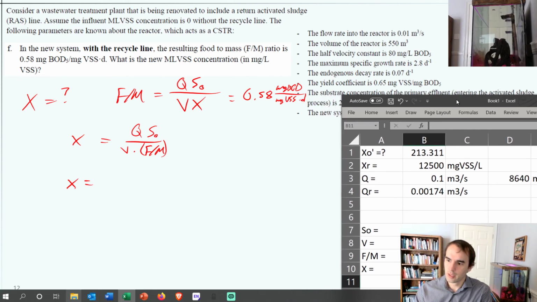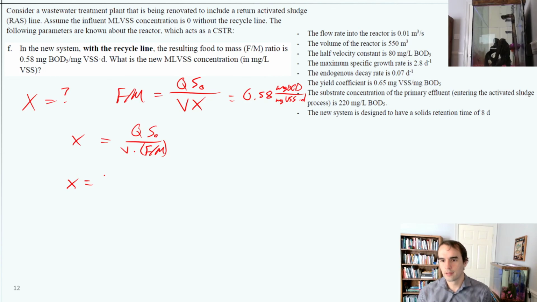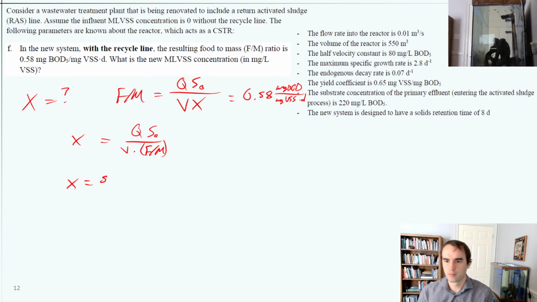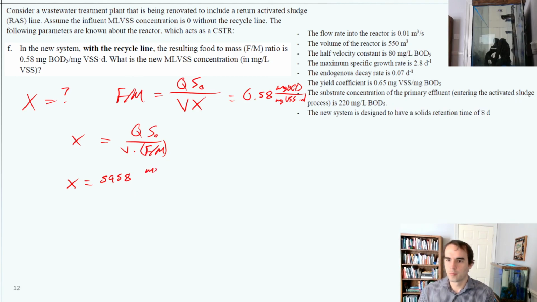That's a number that is certainly larger than the 200 that we got coming into the system a moment ago. So here we have our X concentration at, excuse me, 5,958 milligrams VSS per liter, just based on that food to mass ratio.